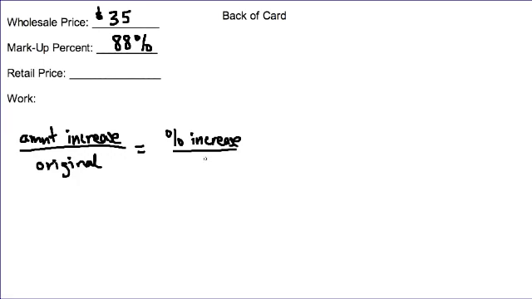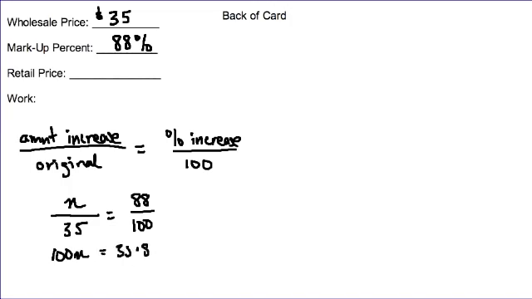And of course the original percentage is always 100. So let's fill those in. The amount of the increase I do not know. The original amount I know is 35, the percent of the increase is 88, and the original is 100. I'm going to use cross products here, and I get that 100n equals 35 times 88.